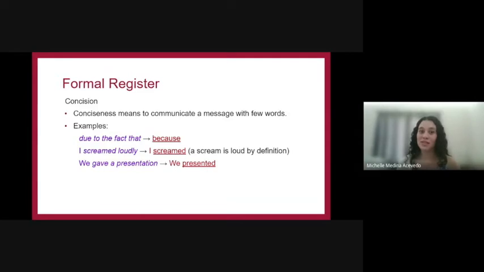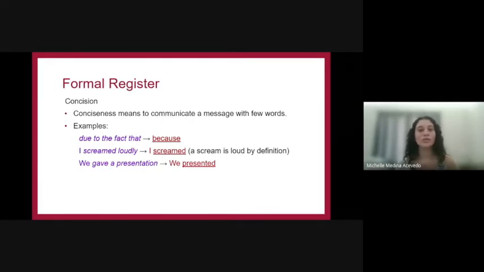We sometimes think that if we write a lot or if our sentences are very long, that we will sound more eloquent or that we will sound more informed, and that is not necessarily the case. Sometimes we end up writing really, really long sentences that sound very wordy and say nothing at all. So, for example, the phrase due to the fact that is 5 words, and it means the exact same thing as because.